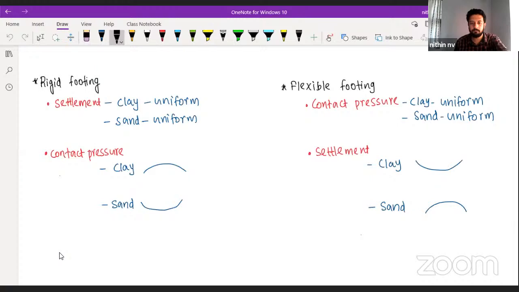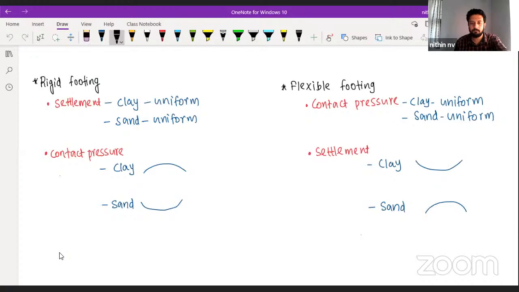So if you are memorizing only rigid footing, just remember that under the rigid footing, whether it is a clay or a sandy soil, settlement will be uniform. Means if I have a particular footing, suppose this is the footing, if load is applied, the footing will have a tendency to settle uniformly throughout like this. It will not bend.